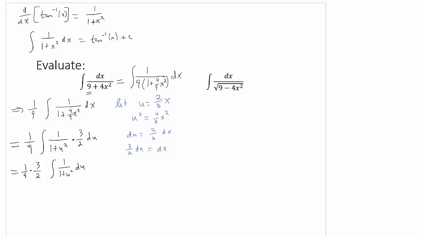And so now that would be arctangent u, and we'll simplify these fractions. 1/3 times 9/2, that's 1/6, if I'm not mistaken. 1/6 arctangent u plus a constant, and we'll substitute back, and so that would be 1/6 arctangent of, what was my u? My u was 2/3 x plus my constant.